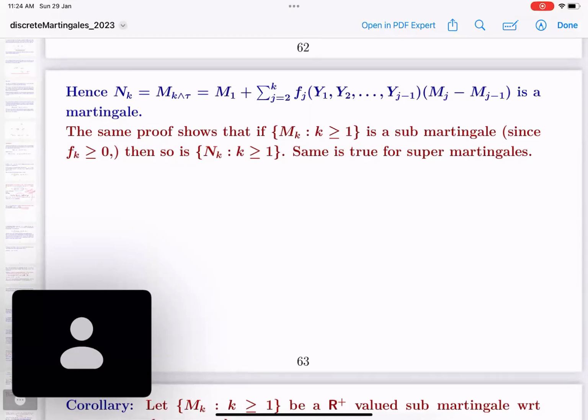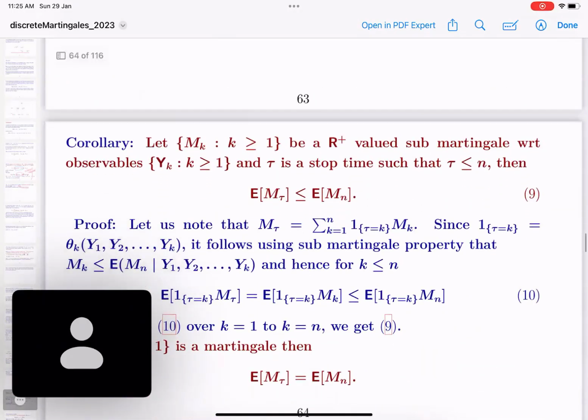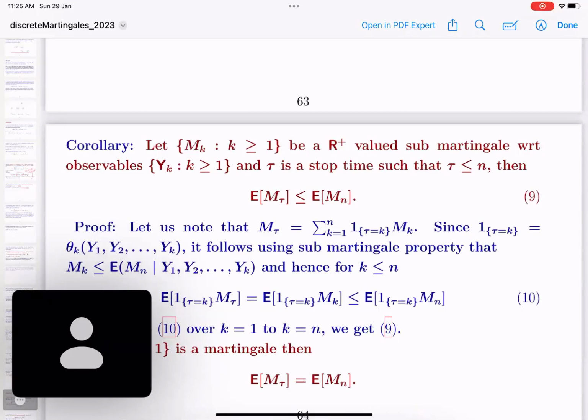We are not using anything big, and therefore in one go we are able to do martingale transform, stopping time, the stopped martingale result, and so on. What this means is that if you have a submartingale, then its expected values will keep going down.